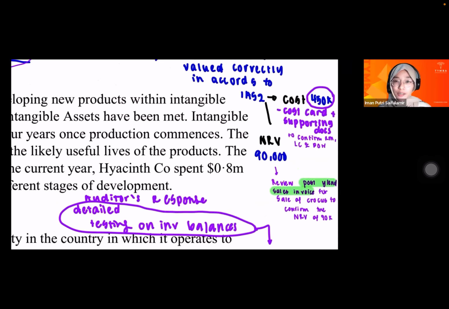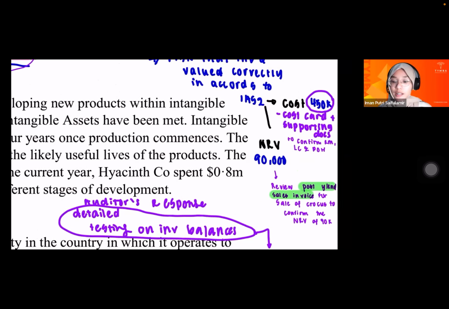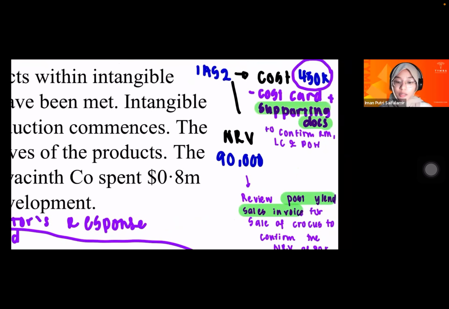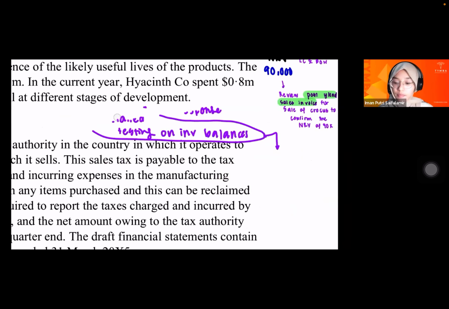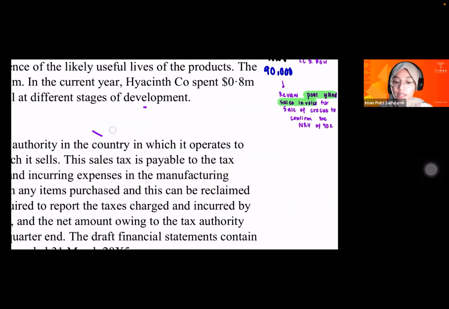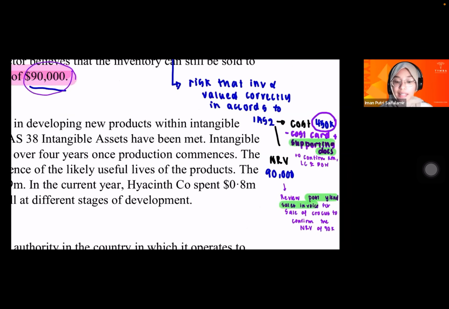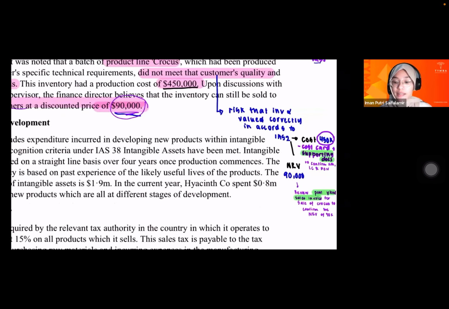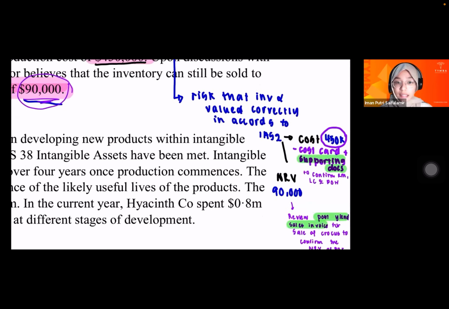That is the main concern, and you will learn this along the process. We review the post-year end sales invoice to confirm that there are customers who are willing to pay this price of 90,000.